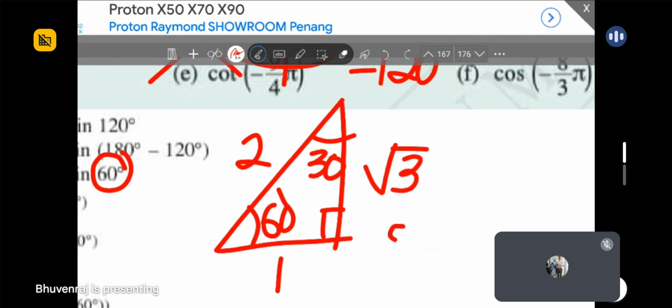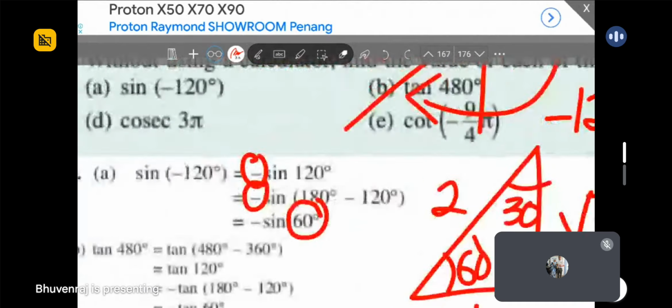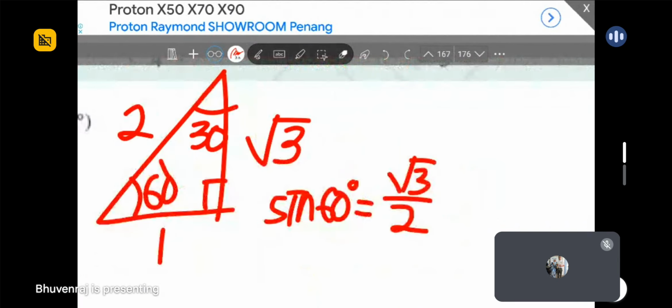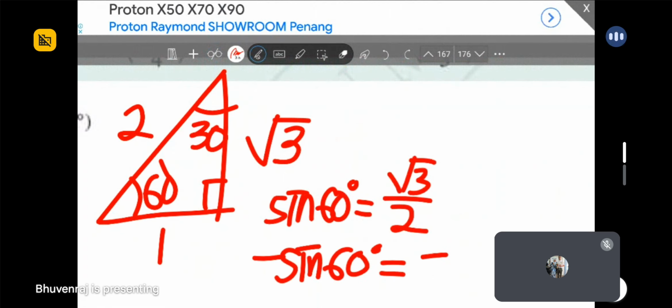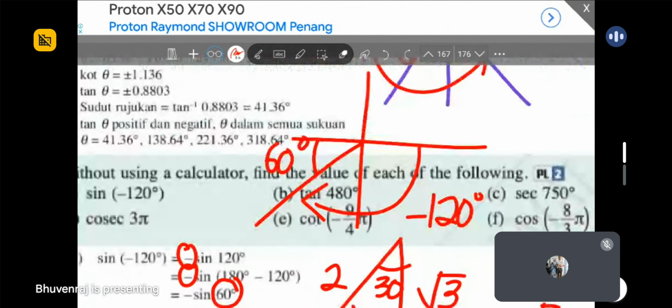So sin 60, opposite over hypotenuse, so √3 over 2. So negative sin 60, you should get negative √3 over 2. This is the concept, guys.